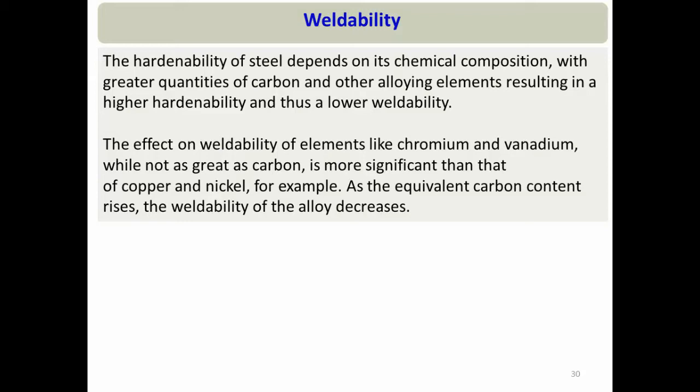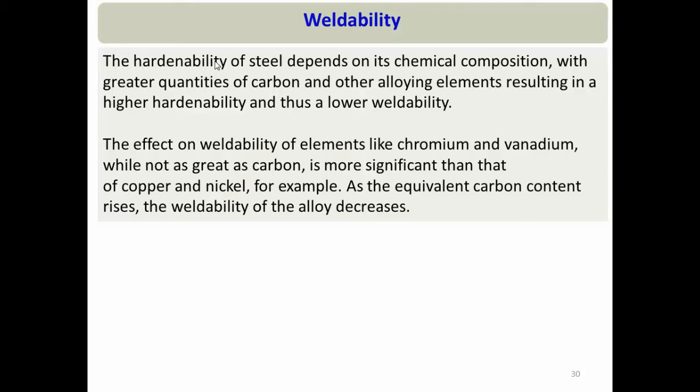So if a material can be hardened at a much deeper thickness, then its hardenability is higher. Now, when carbon increases, its hardness increases, and its hardenability also increases.